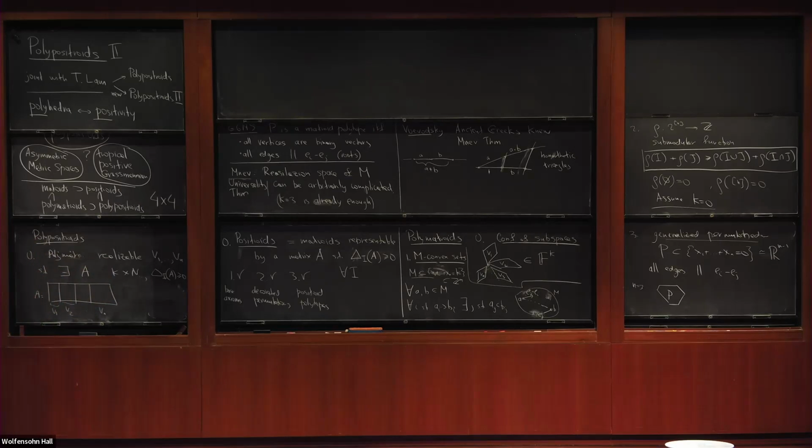What's unsatisfactory is the existence of the matrix A. If somebody gives you a bunch of subspaces, how do we test that this condition holds? You need to pick a basis in each of these subspaces that would make this matrix positive. That's actually kind of an infinite verification, a continuum of ways to do it.